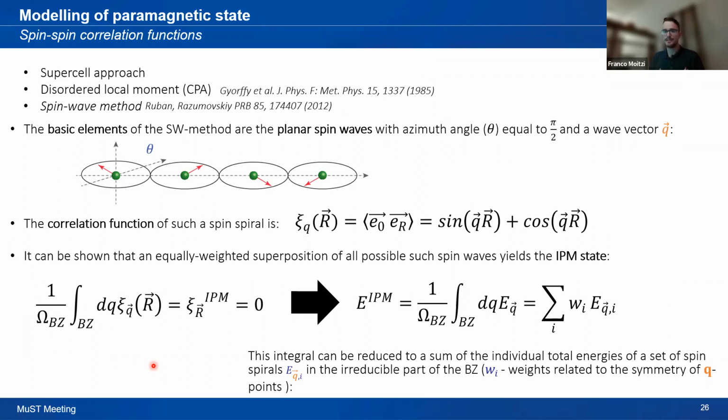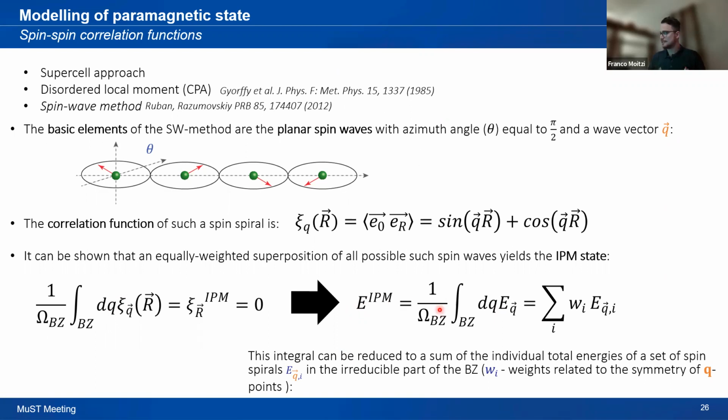However, it's by no means clear yet how this finding will help us model the total energy. However, since our systems are really Heisenberg systems, the same integral of the total energy over all of these states will give us the energy of this ideal paramagnetic state.